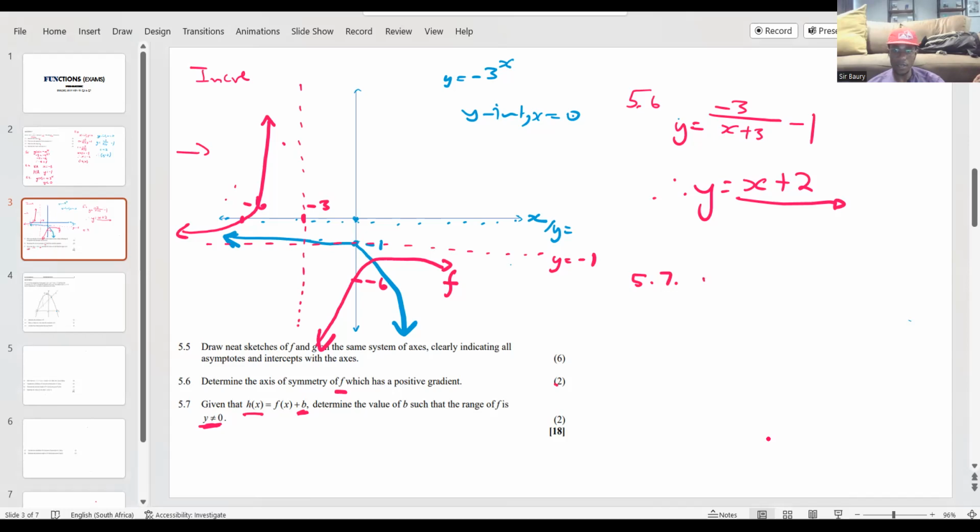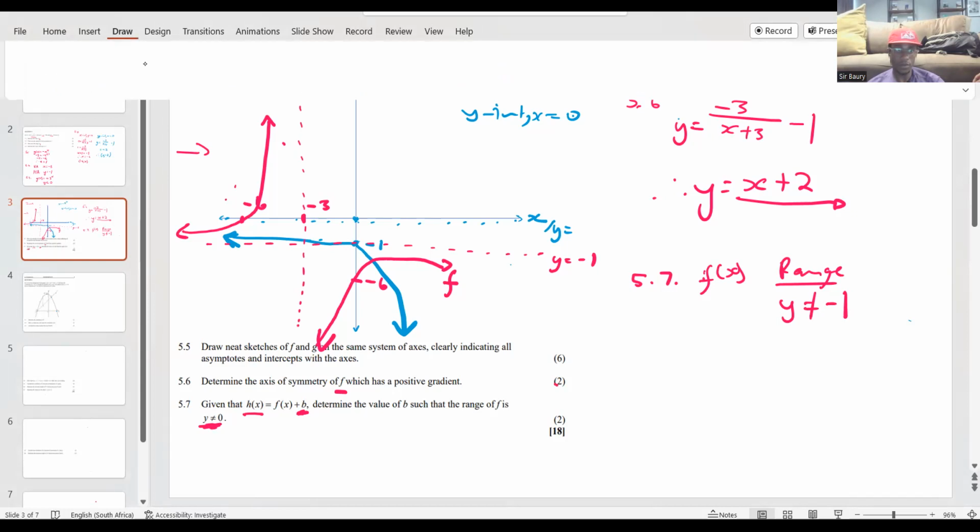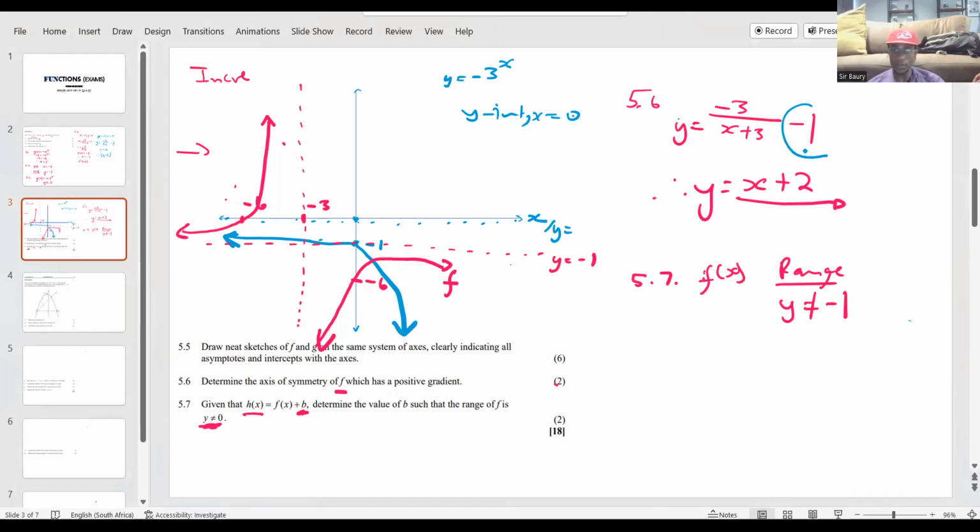Right now, the range of f of x is y not equal to negative 1, because q is negative 1. So for me to add something and make it 0, I need to add 1. Do you understand? So 1 is going to be the value of b. Therefore, for 5.7, b is equal to positive 1.